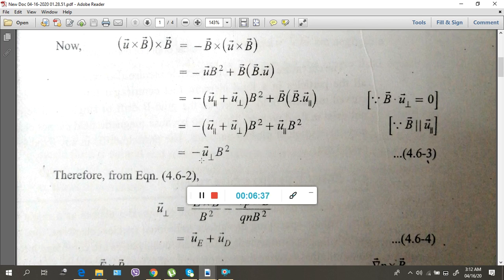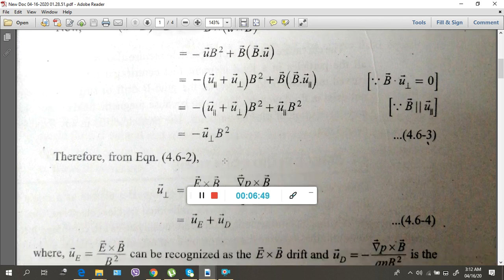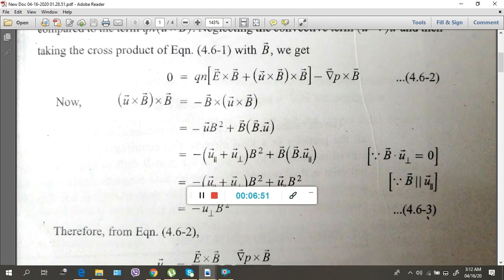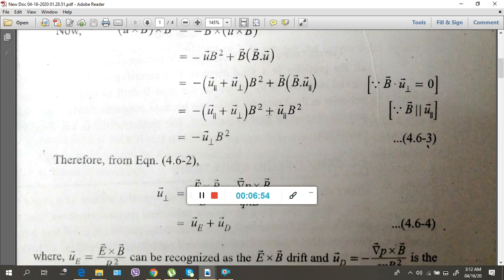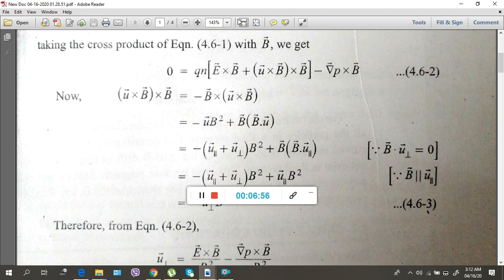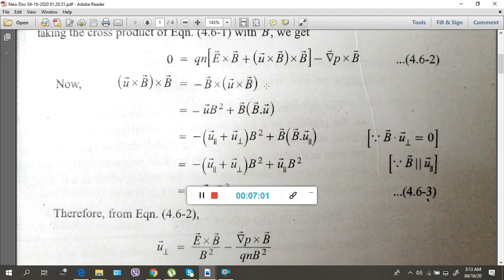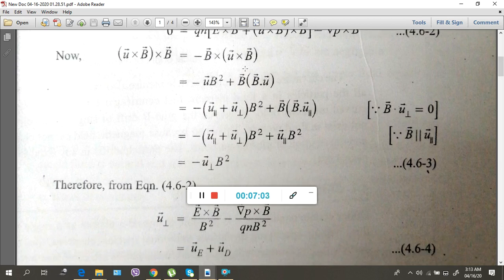So from here, minus u perpendicular b square, this term u parallel b square plus u parallel b square is equal to 0. Therefore, from equation 4.62, we can write u cross b is equal to minus u perpendicular b square.